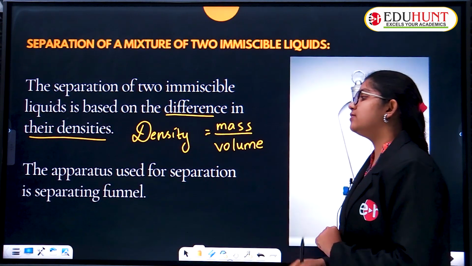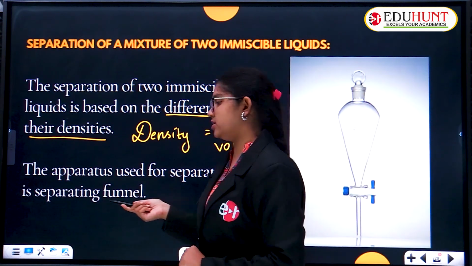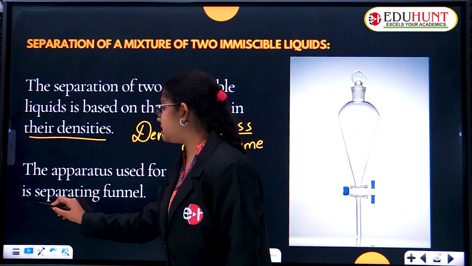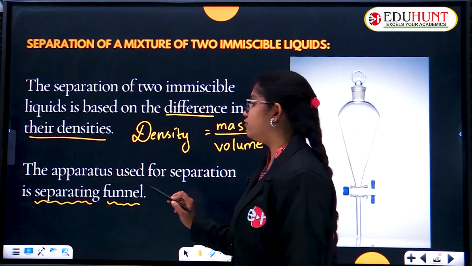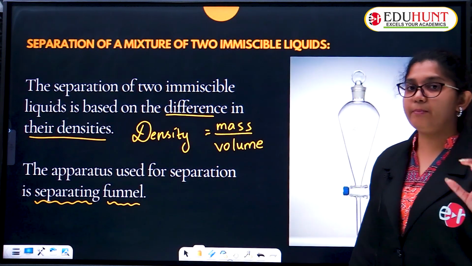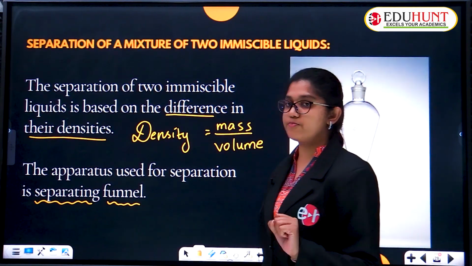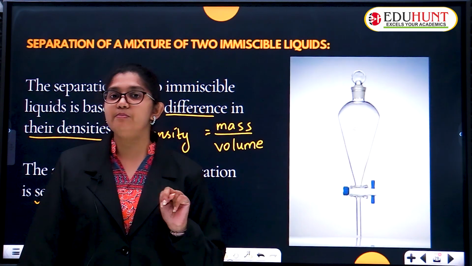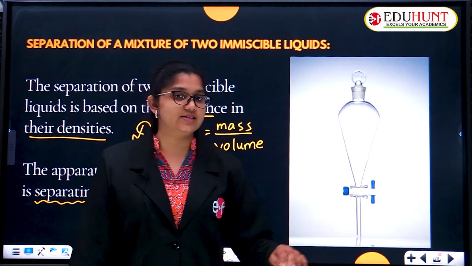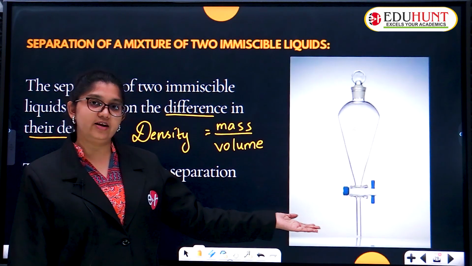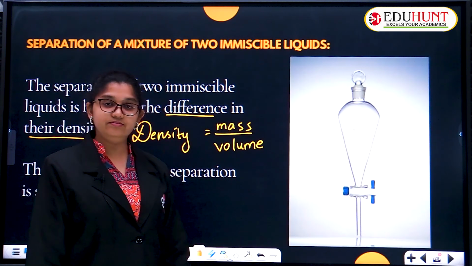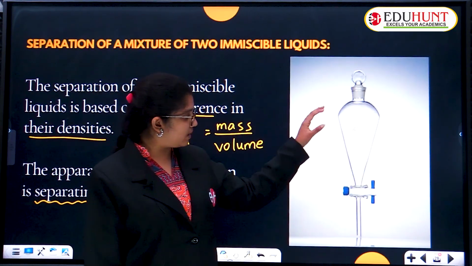Here the apparatus used for separation is the separating funnel. It is the main apparatus for separating a mixture of two immiscible liquids. You can see the picture over here.